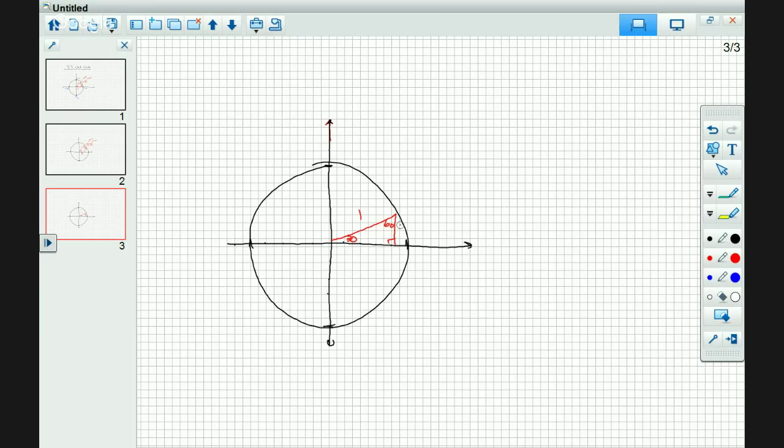Yep. And the x? So the cosine of 30 is √3 over 2, the x value, and the y value is 1/2. So the sine of 30 is 1/2.